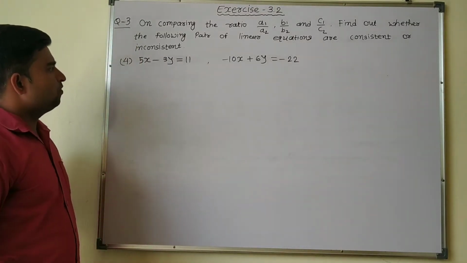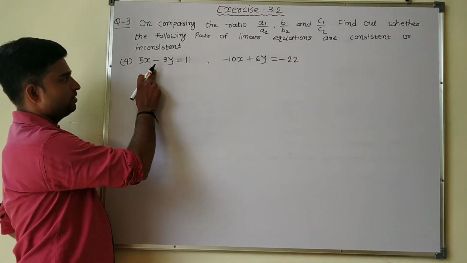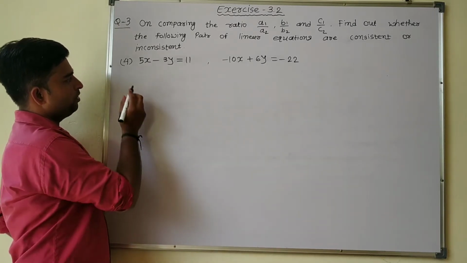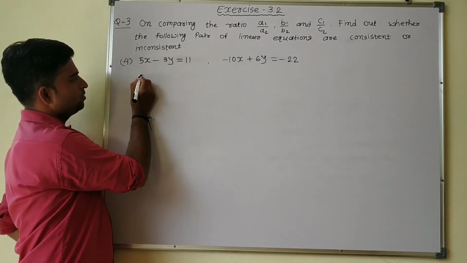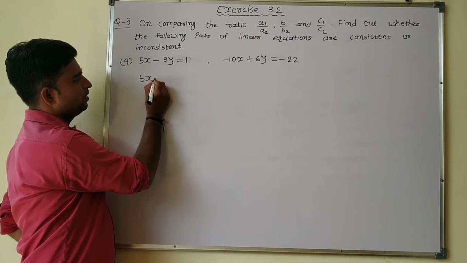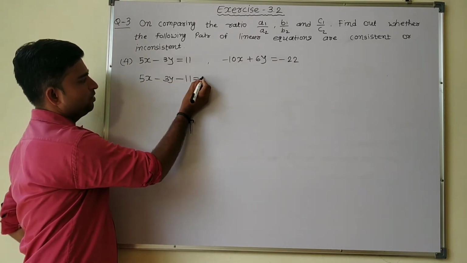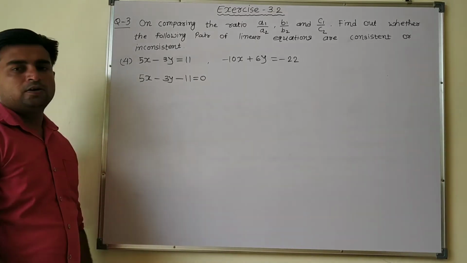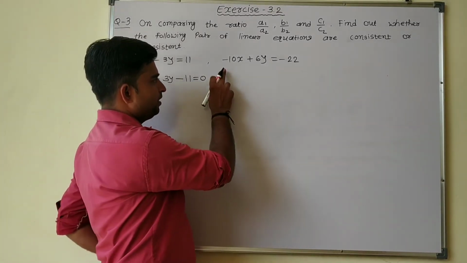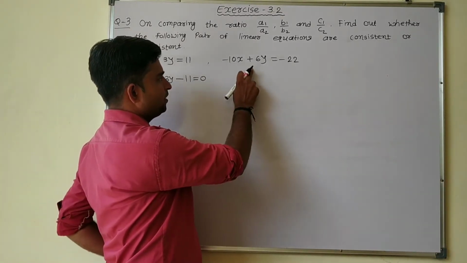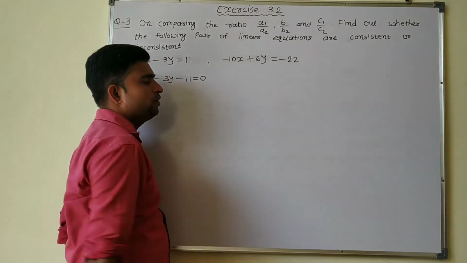So in the fourth number, the first equation is 5x minus 3y is equal to 11. Now we convert it into standard form. So it becomes 5x minus 3y minus 11 is equal to 0. Now the second equation. In the second equation, minus 10x plus 6y is equal to minus 22.